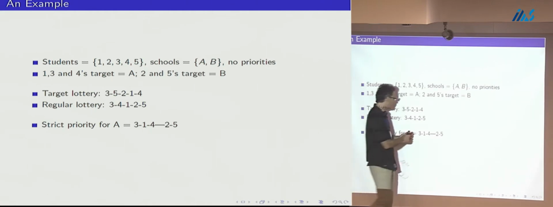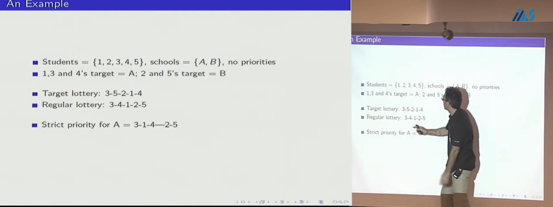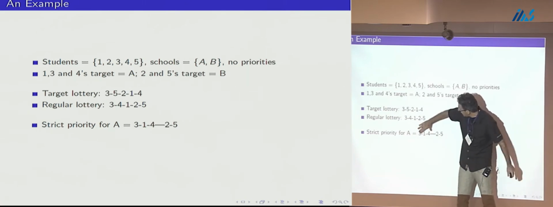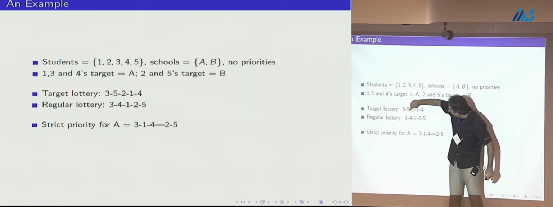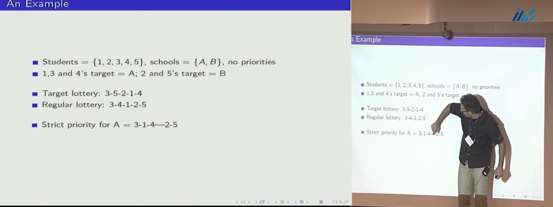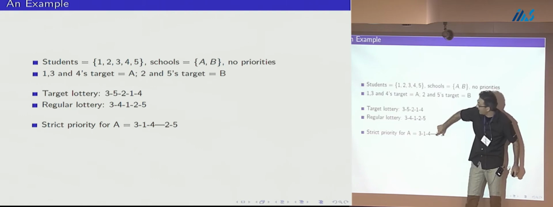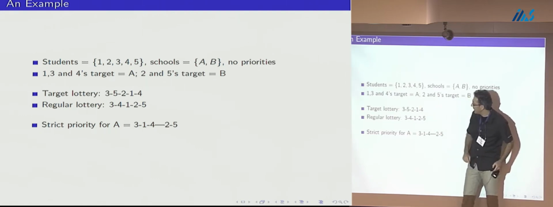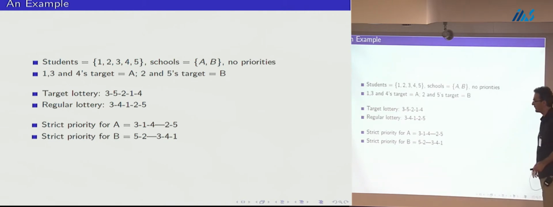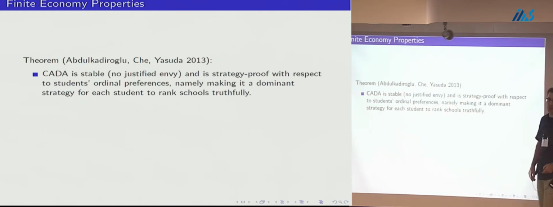So those who target that school, which is 1, 3, and 4, are going to be ranked higher, and the tie between them is going to be broken according to this target lottery, 3, 1, 4. And the remaining students are going to be ranked next, according to the regular lottery number. School B is going to do the same, and we are going to run the default acceptance.